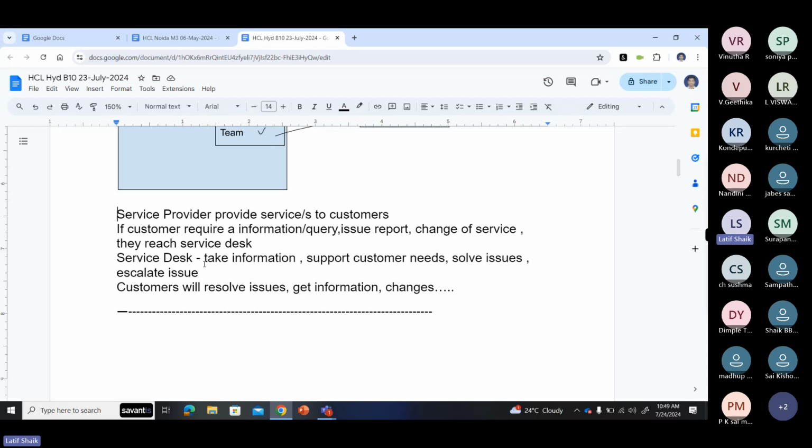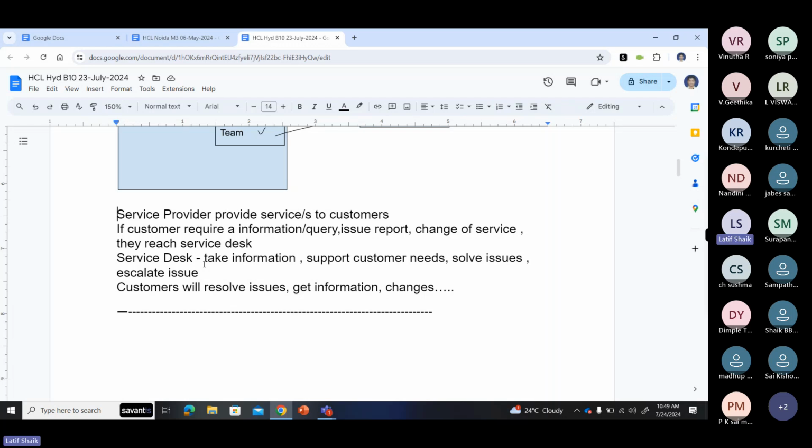He approaches the service desk, in different ways: directly, or by telephone, IP phone, email, or service desk tools and software like Zoho, Jira, ServiceNow, Freshworks. They try to reach the service desk that way.